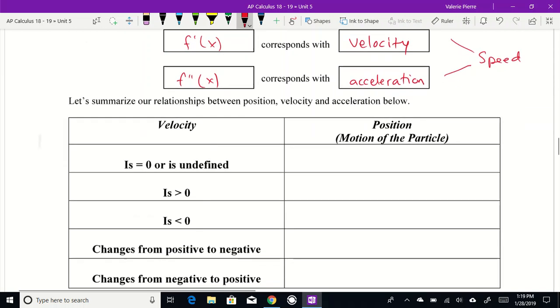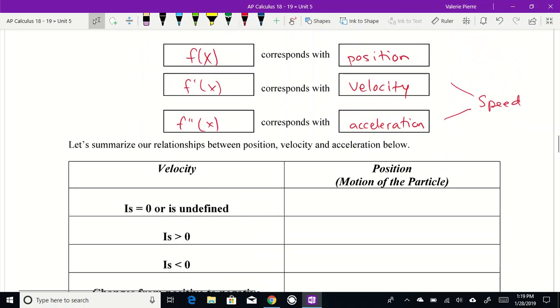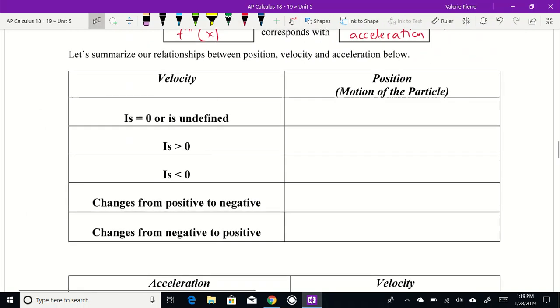Right? So using the relationships that we know between f prime and f double prime, we're going to summarize some of the relationships between position, velocity, and acceleration. So velocity being the derivative, and position being our original function. Right?